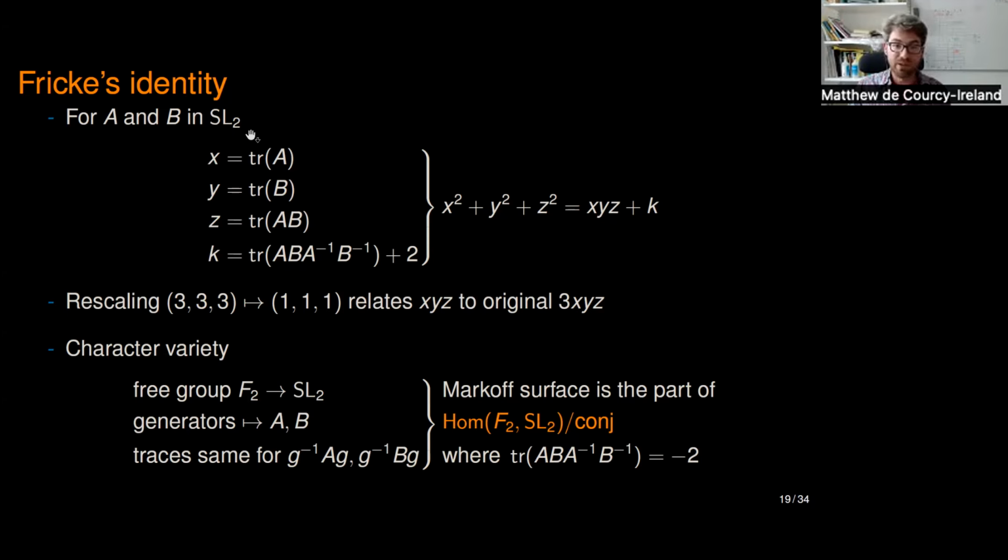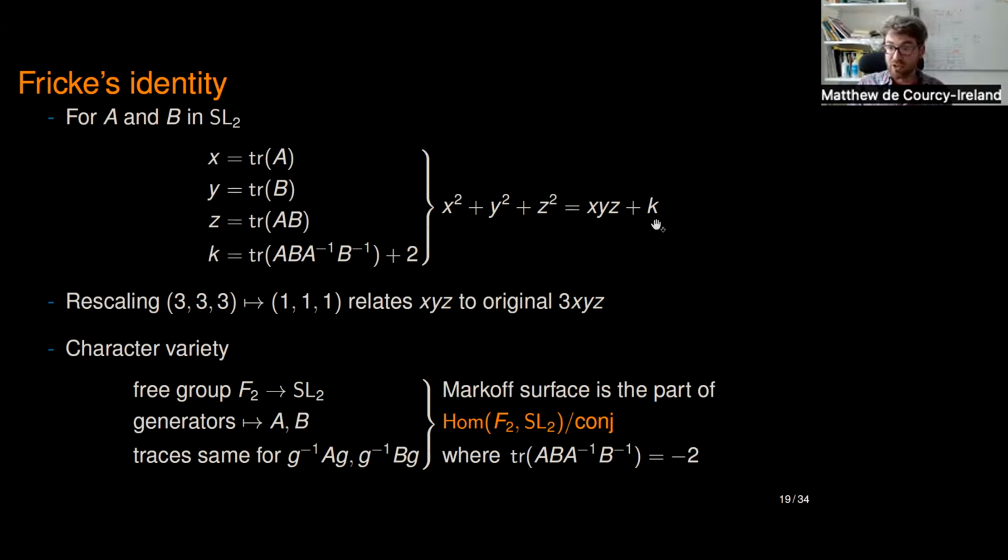If you have A and B in SL2, then their traces solve a cubic equation of the Markov type. If you let X be the trace of A, Y the trace of B, Z the trace of the product, and K the trace of the commutator plus 2, then it turns out that the sum of squares equals the product plus K. This is just a fact for any two matrices in SL2.